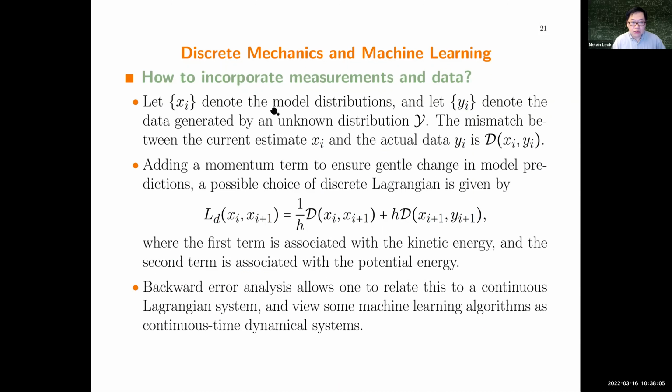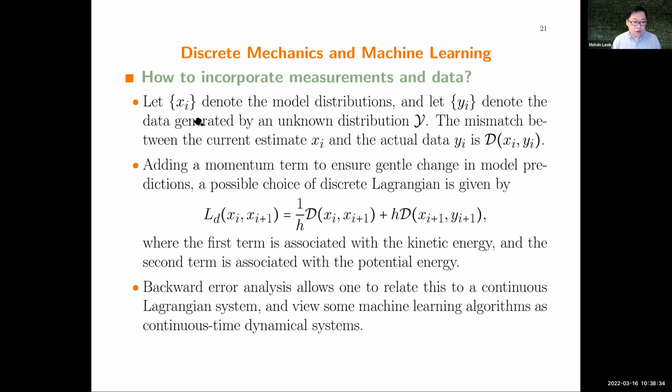So now we've talked about divergence functions and how they're related to discrete Lagrangians in some precise way. You can also ask now, if I give you a divergence function, can I then construct a discrete flow which allows you to incorporate this notion of inference with data?